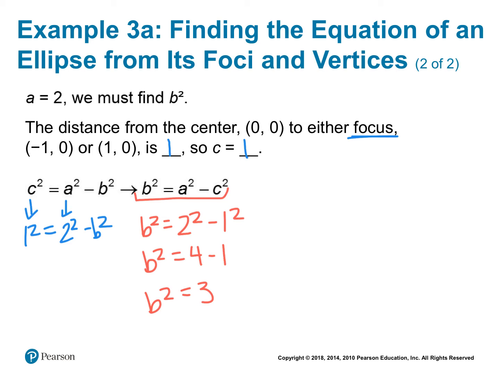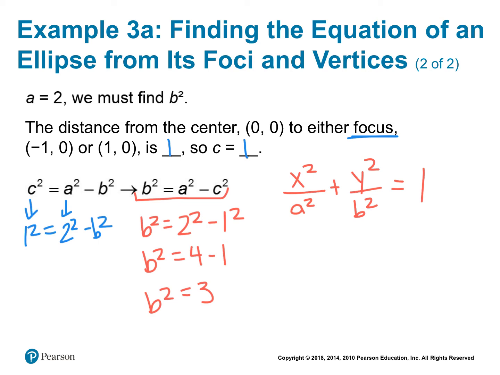So now we can go ahead and fill in our formula. So we would have x squared over a squared plus y squared over b squared equals 1.